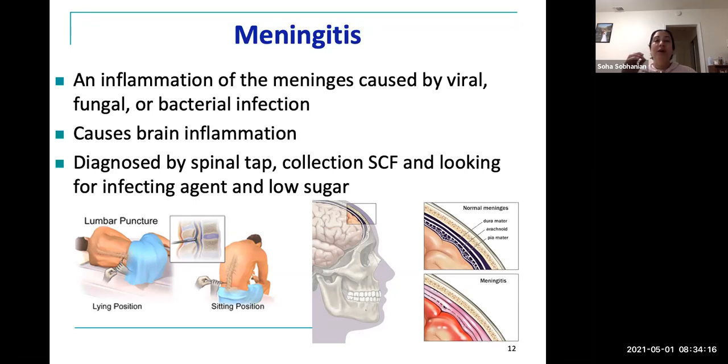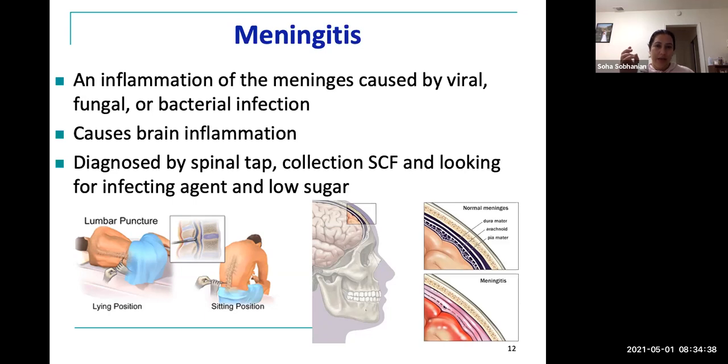It could be caused by a variety of reasons. And all meningitis is, and learn this right now, it makes your life a lot easier: anytime you hear "itis" at the end, itis means inflammation. So meningitis basically means inflammation of your meninges.